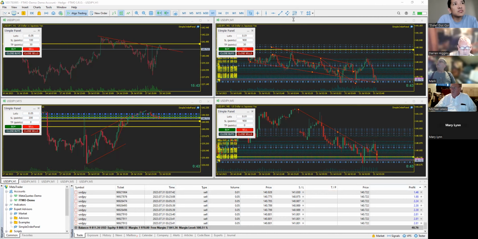There it is. Wicks, TPs, a lot of my trades, and what's my drawdown now? I think it's 1.8. So now I still got to fix it because it took some losses on buys and took some losses on sells.